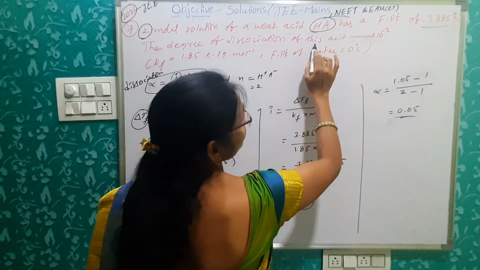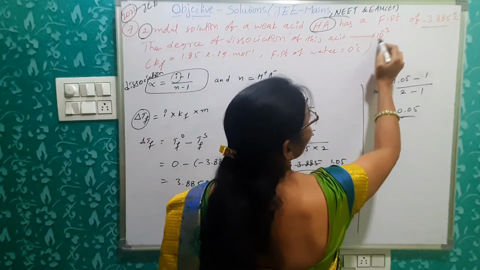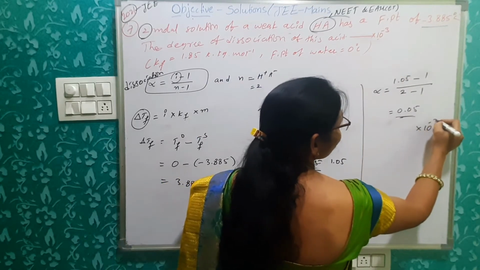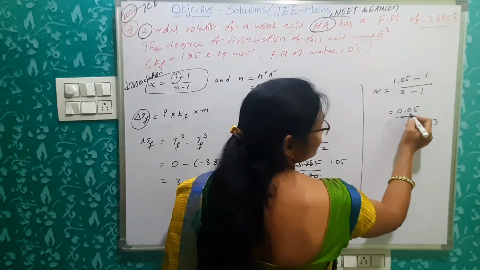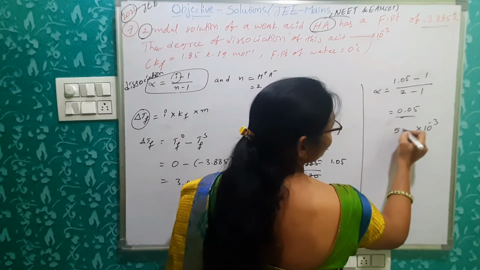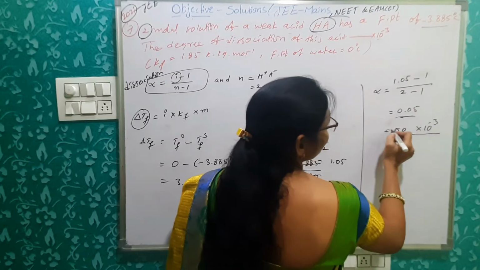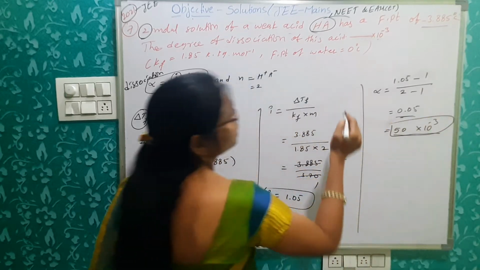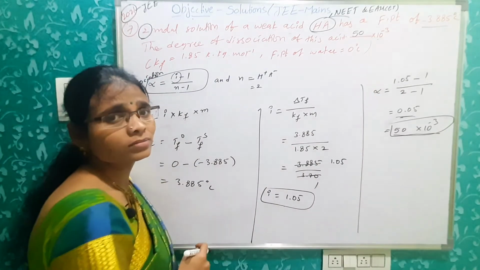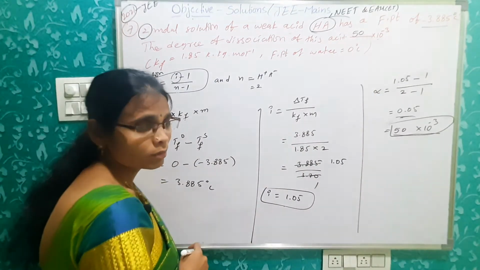The degree of dissociation of this acid is dash into 10 power minus 3. To get 10 power minus 3, this value is adjusted as 5 into 10 power minus 2, simply 50 into 10 power minus 3. Clear?